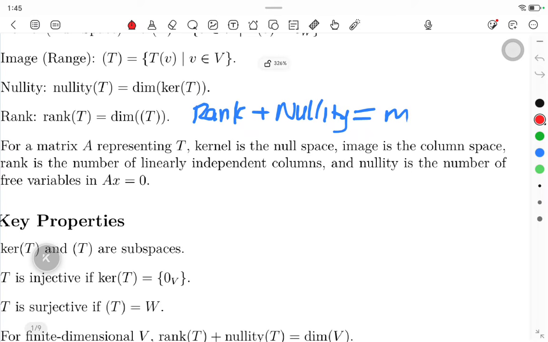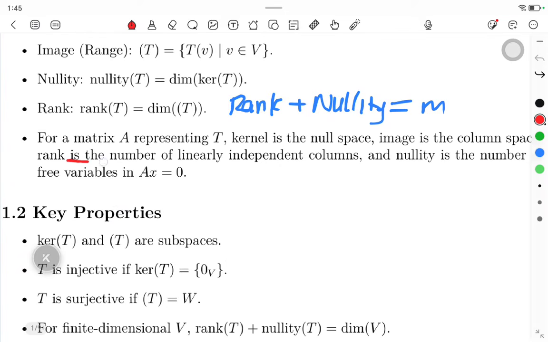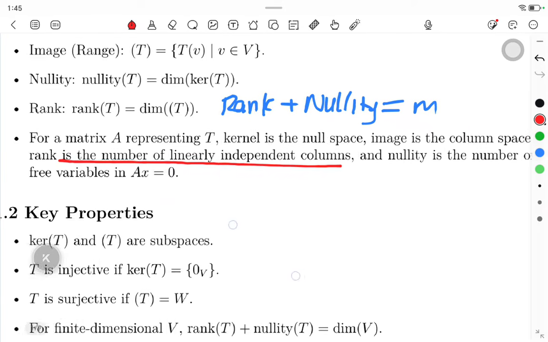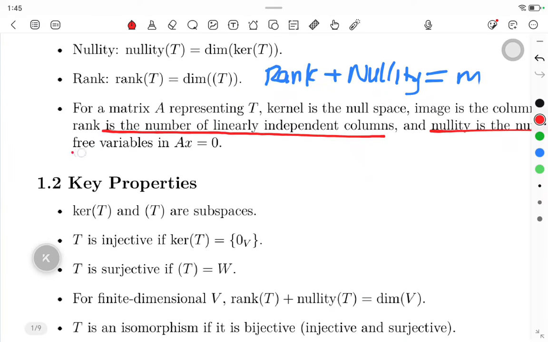We say that the image is the column space, right? And rank is the number of linearly independent columns. Linearly independent columns are those with leading ones. You agree, right? And we say the nullity is the number of what? Of free variables in AX equals to 0.